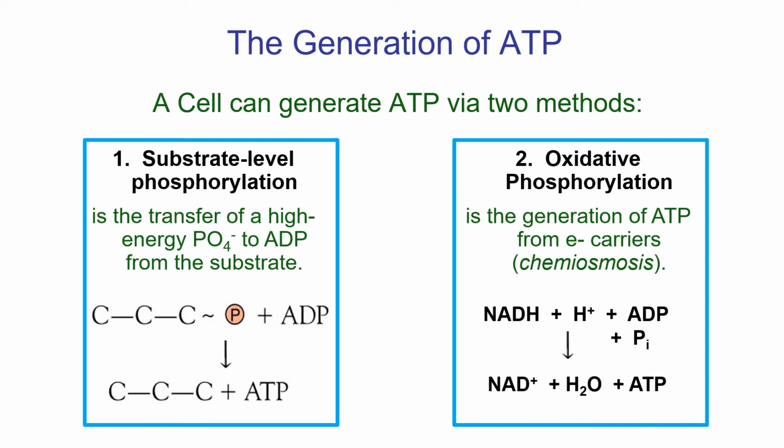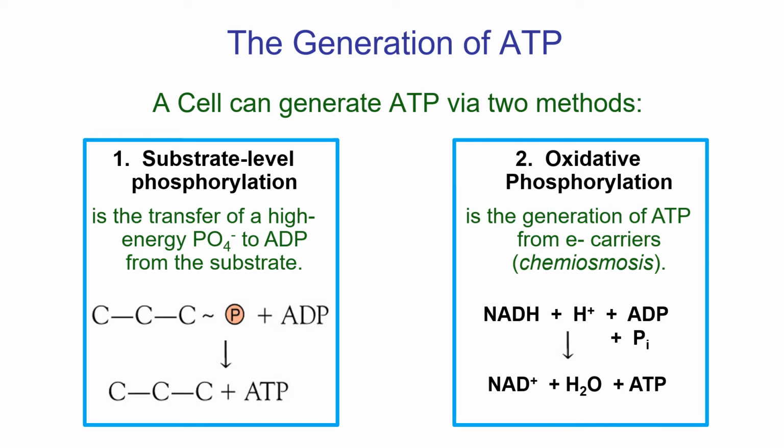The second way we can generate ATP is a little more involved, and this is known as oxidative phosphorylation. This is what occurs during the electron transport chain within the mitochondria. Oxygen is going to be the final acceptor of electrons, so it has to be present.